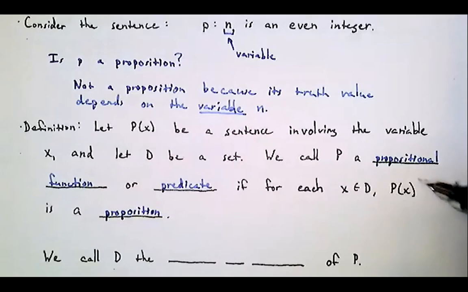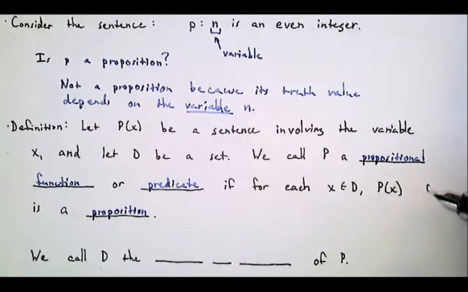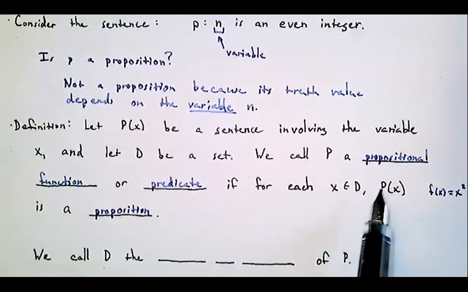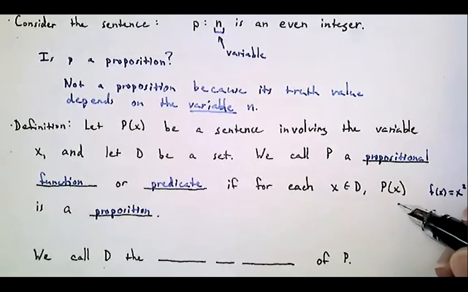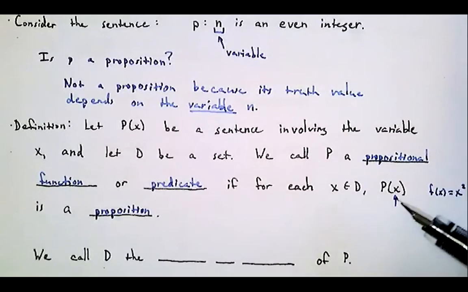So this notation is like a function, like f of x equals x squared. So this is a normal function with numbers. Now we're talking about functions where we're plugging in maybe words or anything to make propositions.